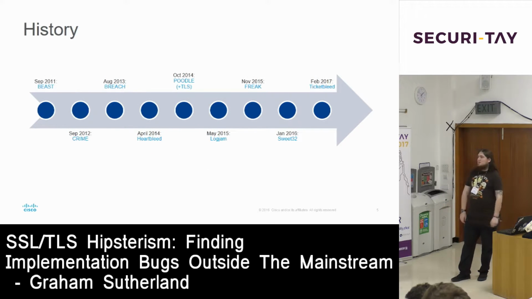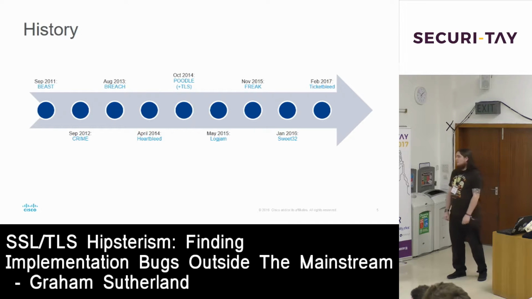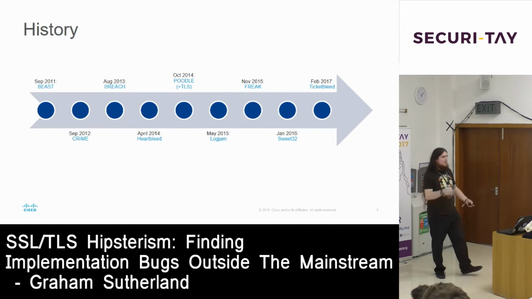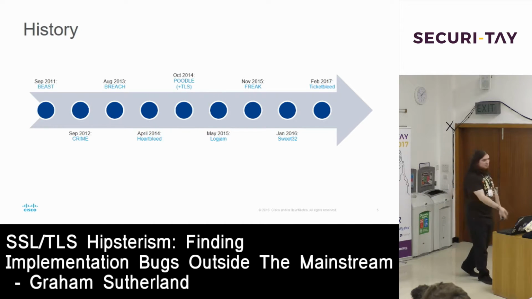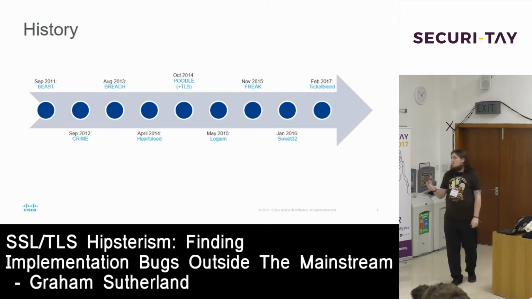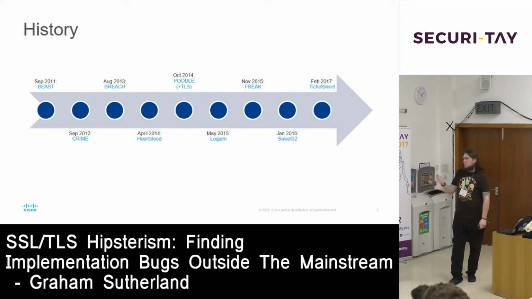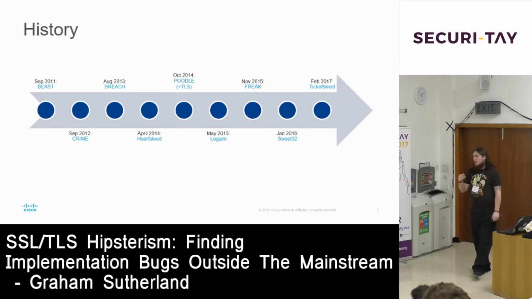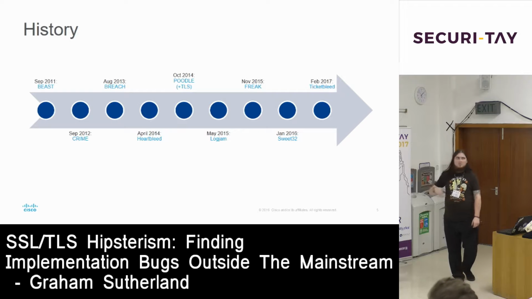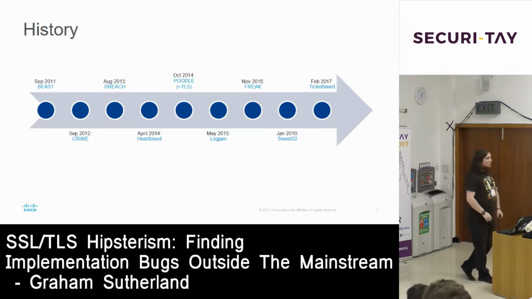So here's a bit of history, fairly abridged, of SSL issues, so stuff around SSL or SSL implementations. Let's start out with BEAST in 2011, that's a protocol issue. Then you've got CRIME, which is around compression issues. Then you've got BREACH, which is an evolution of that. So these are side channel attacks. And then you've got Heartbleed, which I'm sure all of you saw all the wonderful marketing around.